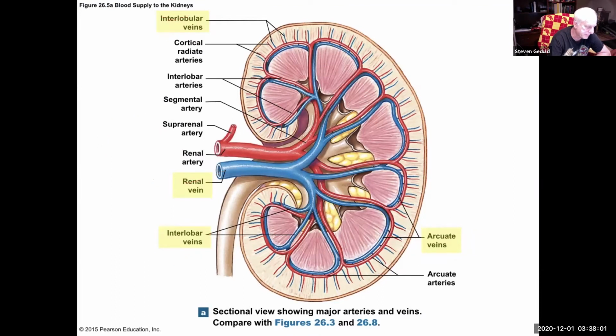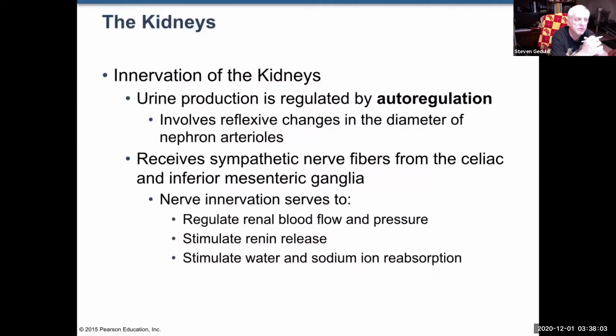That's your blood supply. Now, innervation in the kidneys. Urine production is regulated by autoregulation. It involves reflex changes in the diameter of the nephron arterioles, so the shape of them determines how much blood flows into the filtration unit, the glomerulus. It receives sympathetic nerve fibers from the celiac and inferior mesenteric ganglia.